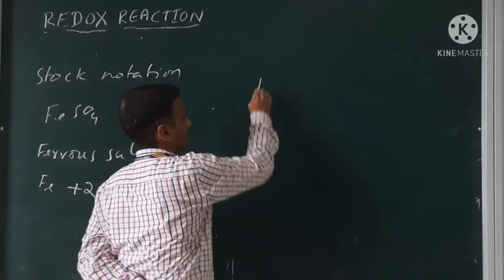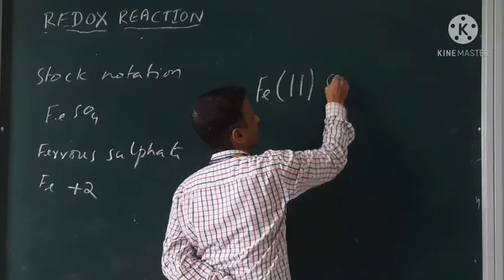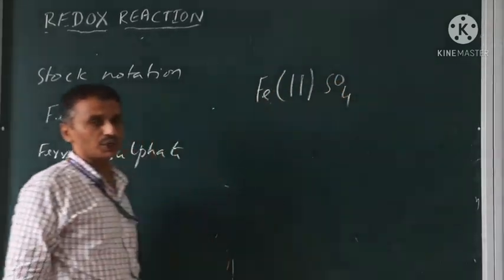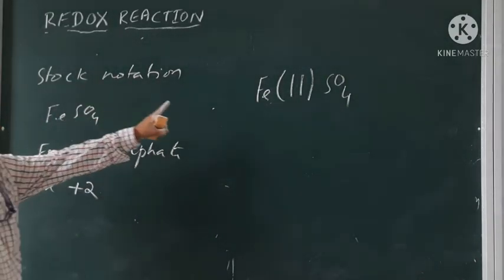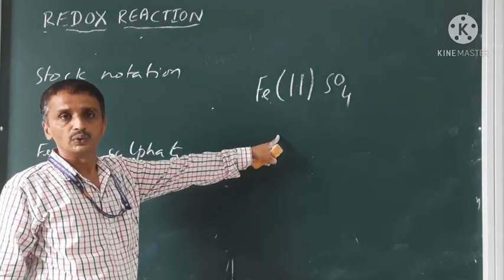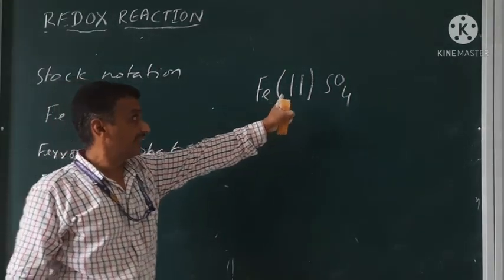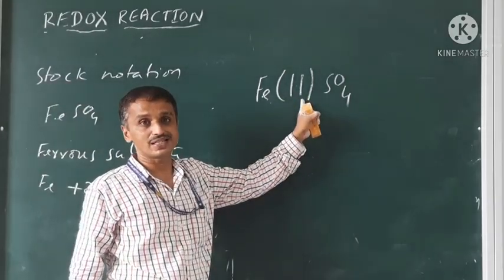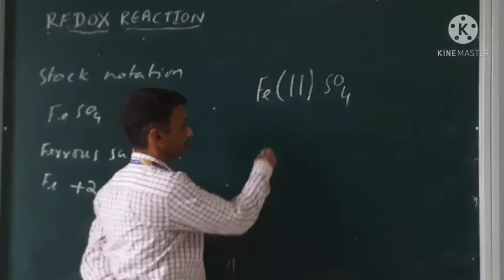So writing Fe with Roman numeral II, SO4, this is called stock notation. Writing the formula of a compound with the oxidation state of the metal in Roman numerals, that is called stock notation.